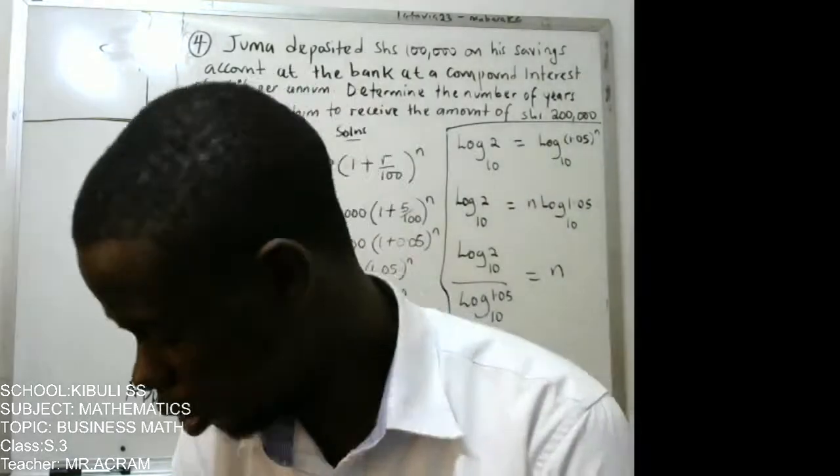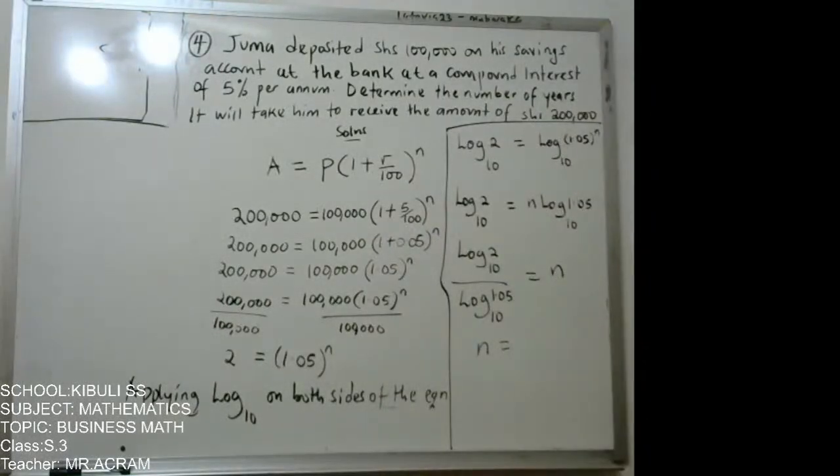And therefore our n, you get a calculator. You say log of 2 on a calculator. Base 10 is the normal base, not so? Log of 2 is equaling to that. Then divide by, don't remove that, just press divide. It is the answer that you're dividing. Divide by the log of 1.05.